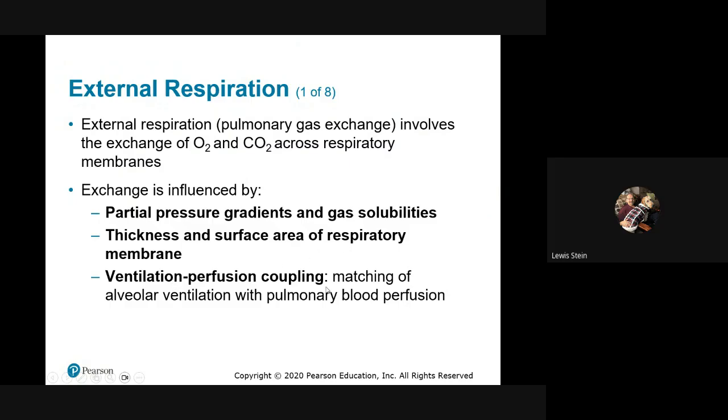Ventilation and perfusion coupling. You recall Monday, and I won't be able to get all this in today. This is the two-edged sword. We couple the area where we have the best ventilation available with an area that has the best blood supply.